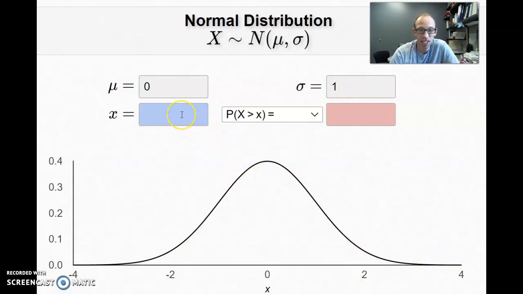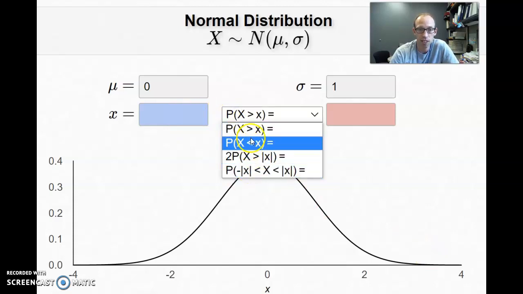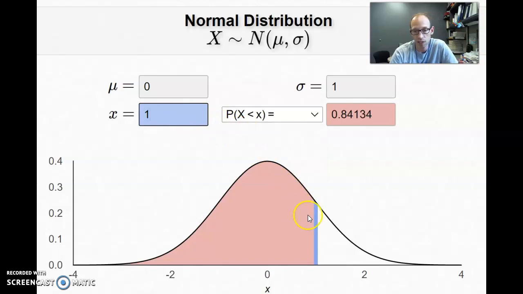And if we wanted to figure out what portion of the distribution is less than 1 standard deviation above the mean, we could do this. So there's 1 standard deviation above the mean on the standard normal. In other words, that's a z-score of 1. And we can see that 84% of the distribution is below a z-score of 1. In other words, their z-score would be less than 1.